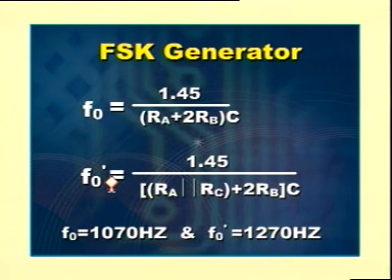This is mainly used in teletypewriter using modems, where the required frequencies are 1070 Hz and 1270 Hz. So by selecting proper values of RA, RB, C and RC, we can make this application.